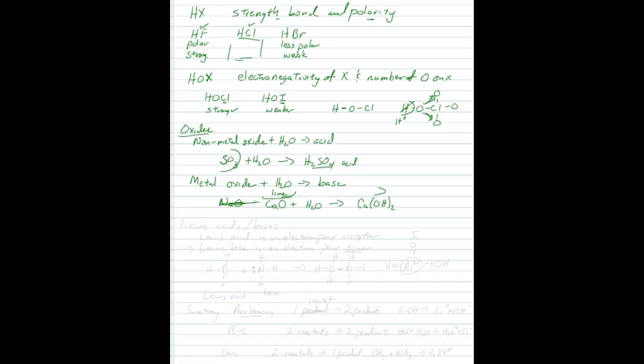The last thing we got is Lewis acids and bases, and this is the last of the definitions of acids and bases. Lewis acids and bases are prevalent in organic chemistry.